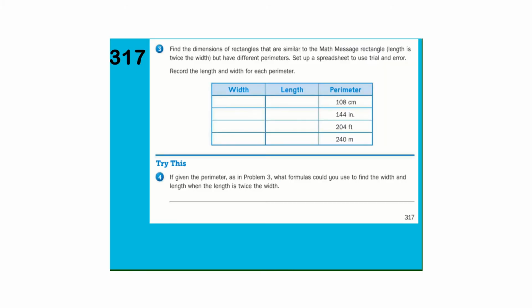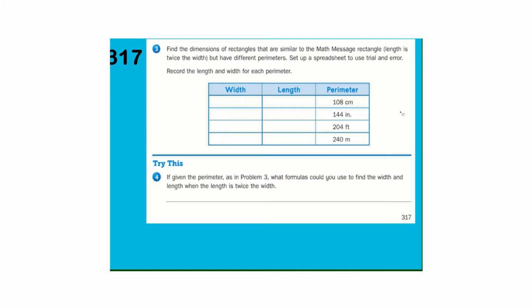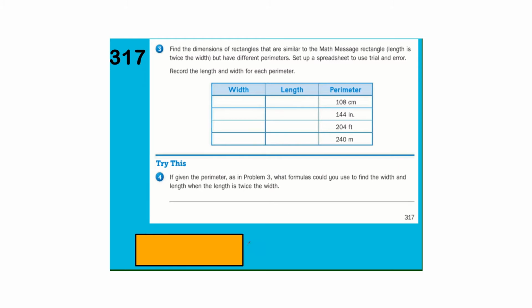I'll go back to the flip chart here. So if I have this rectangle, and we have A and this is 2A, and I have the perimeter figured out, I would have A plus A plus A plus A plus A plus A. I would have 6 A's for the perimeter.